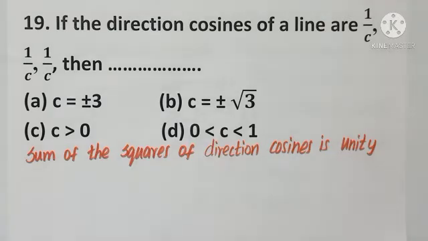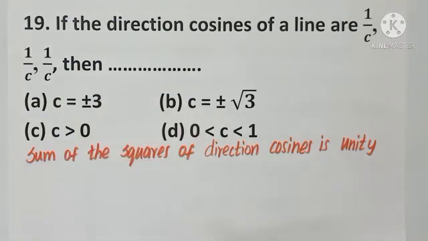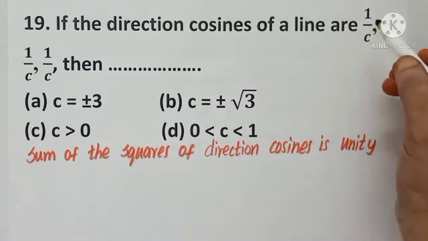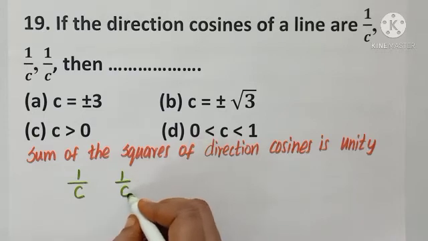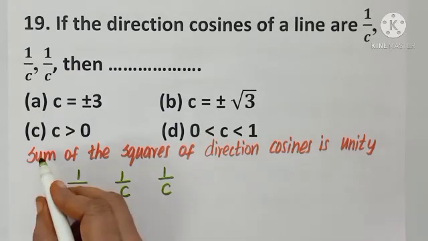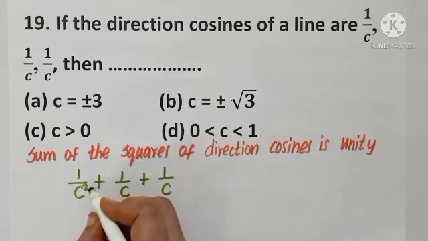Question number 19. If the direction cosines of a line are 1 by c, 1 by c, 1 by c, then out of the 4 we need to choose the condition. Let us recall the statement: sum of the squares of the direction cosines is unity. Here the direction cosines are 1 by c, 1 by c, 1 by c. Sum tells me plus, squares tells me squaring.